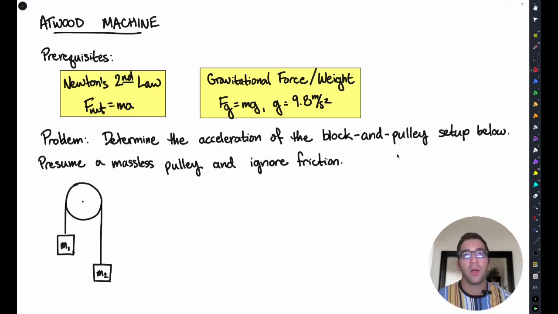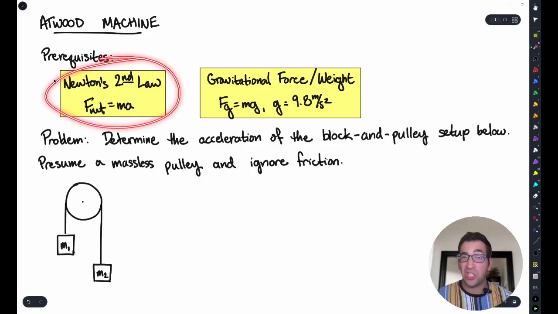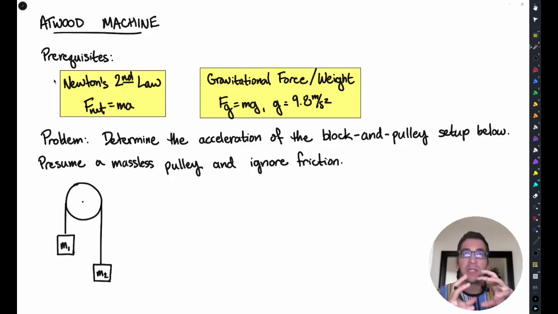For this lesson, there are a couple prerequisites that I'm going to assume that the listener is familiar with. Those prerequisites are Newton's second law, which states that the net force or total force on an object is equal to the product of the mass of that object and the resulting acceleration of that object.